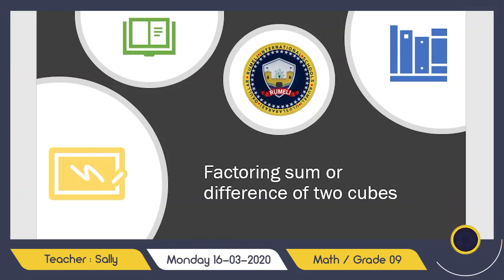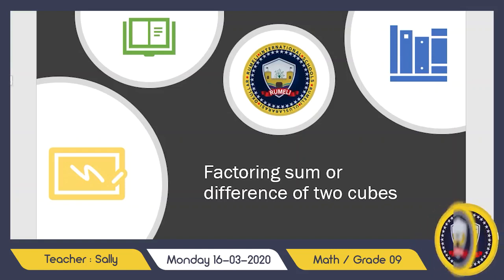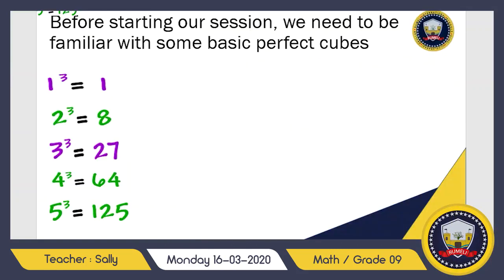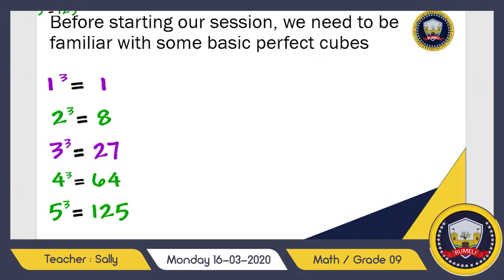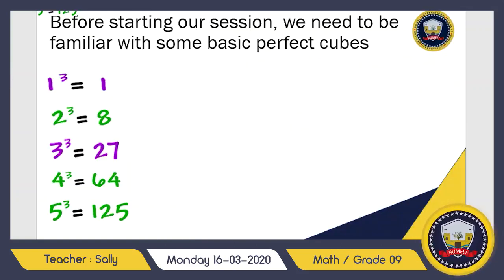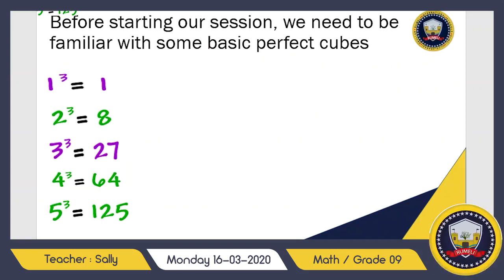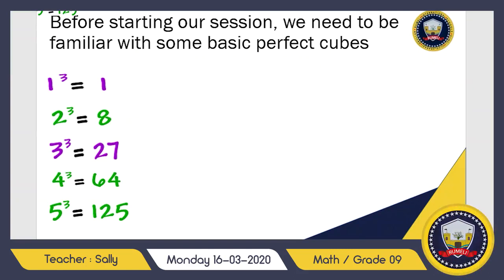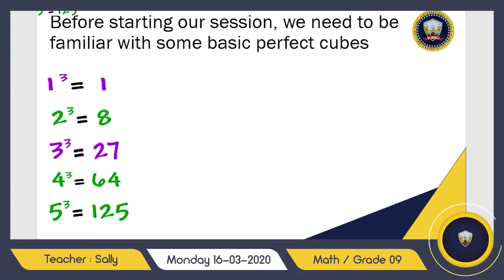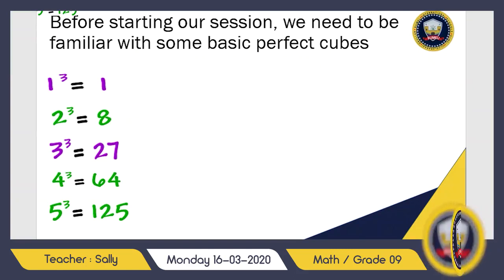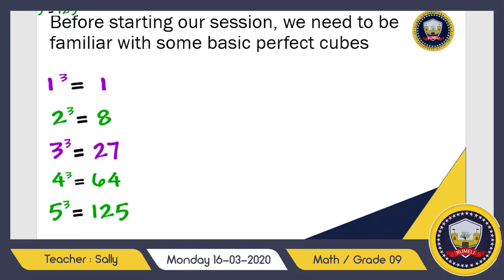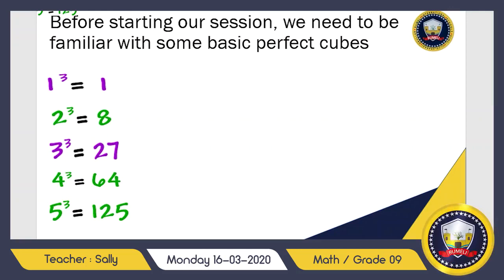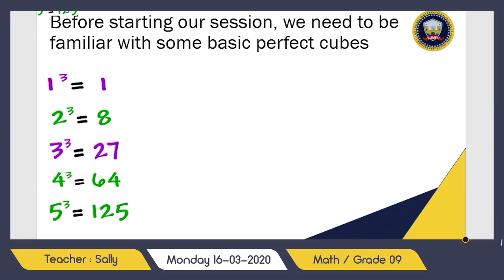But before going through our lesson, we need to be familiar with some perfect cubes which are very popular, which are the five numbers in front of us now. 1 to the power of 3, it means 1 multiplied by itself 3 times is 1.